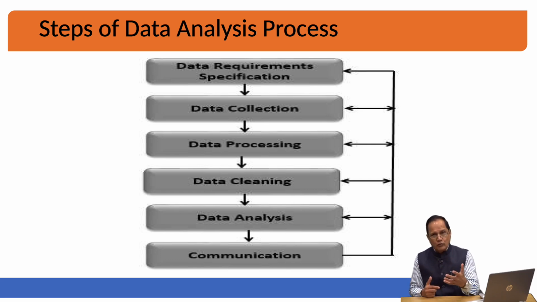Suppose we want to go for observation, then what would be the method of observation, whether the researcher himself or herself will observe, or a representative will observe, or some technology will be used, and then where, how this method will be used, and what would be the process of collection of data, what would be the table, and how this data will be recorded, how this data will be collected.